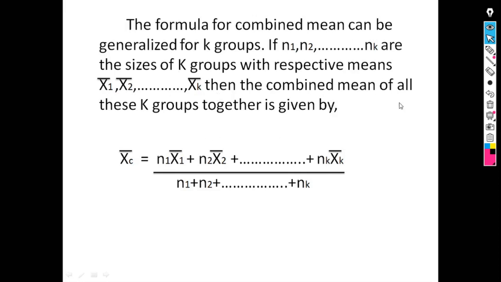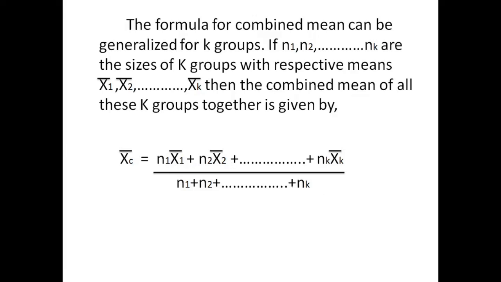Then the combined arithmetic mean for these k groups is denoted by xc bar, c for combined. So xc bar is equal to n1 into x1 bar, means multiply each number of observations by the arithmetic mean, plus n2 x2 bar up to nk xk bar divided by n1 plus n2 plus up to nk.